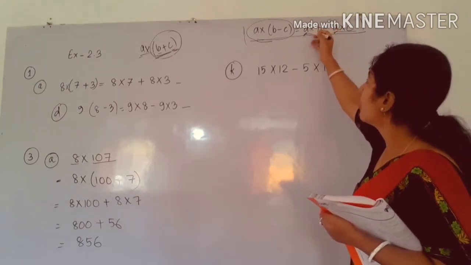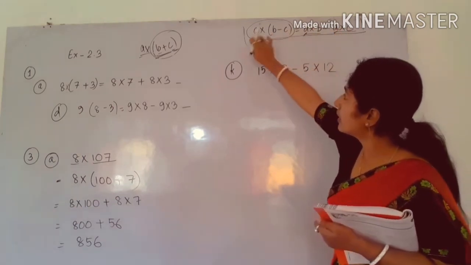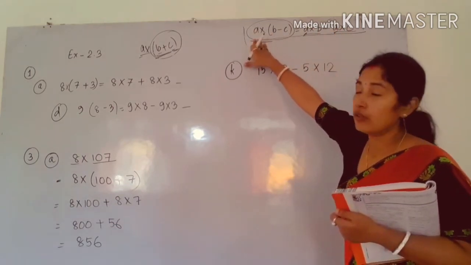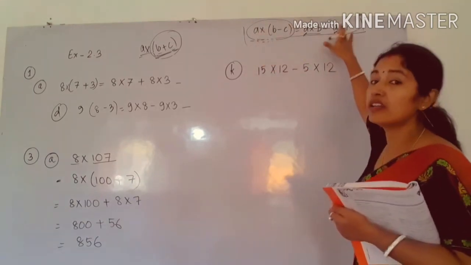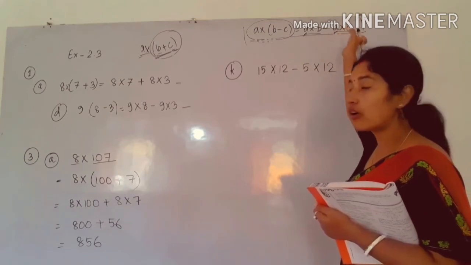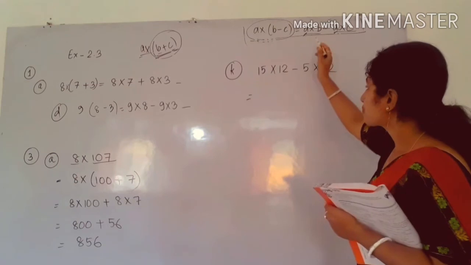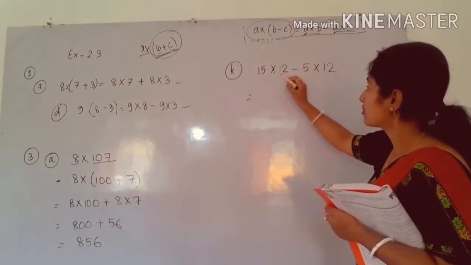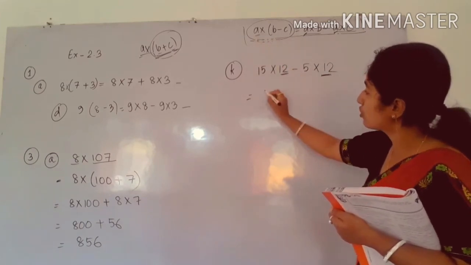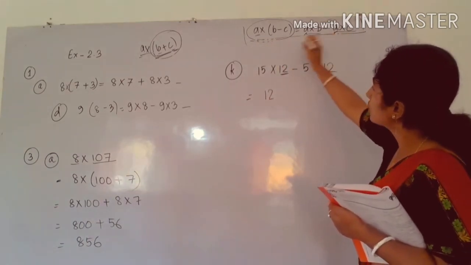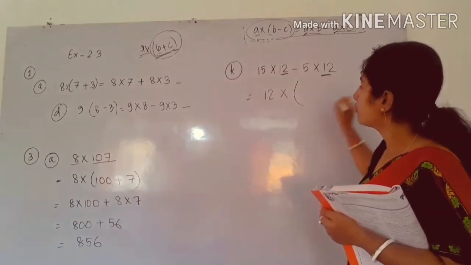So what you have to do is take the common term. If this statement is written, you have to solve using this statement, and if the other statement is written, you have to solve using that one. Which one is common? 12 is common. You have to write the common term first. As A is common in both, take 12 outside, then open the bracket.